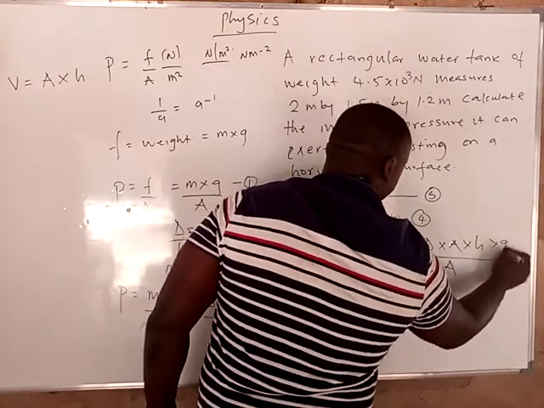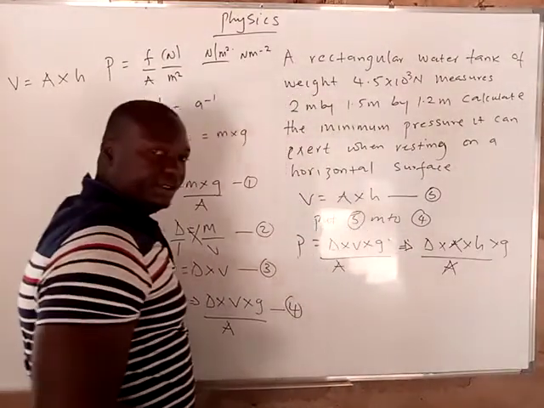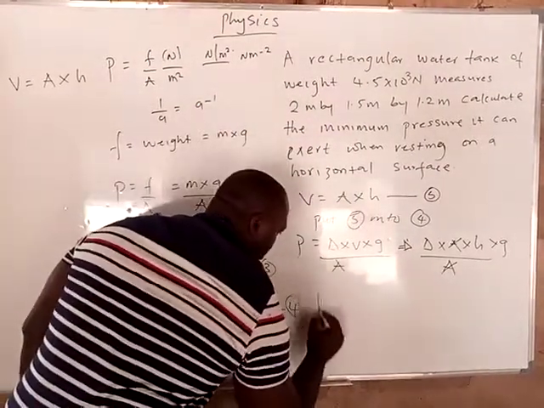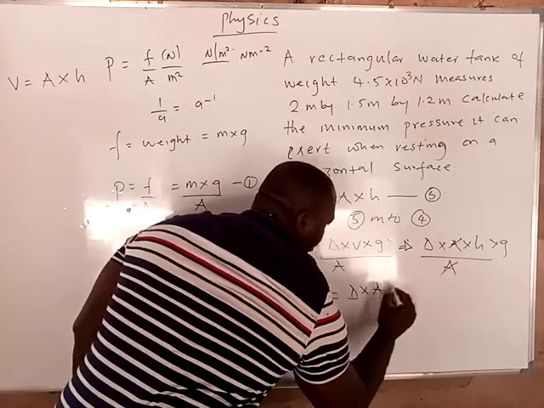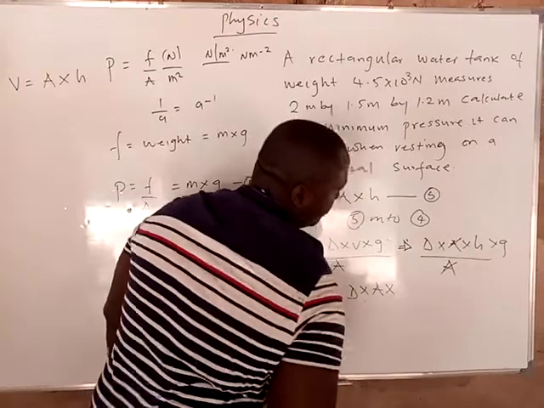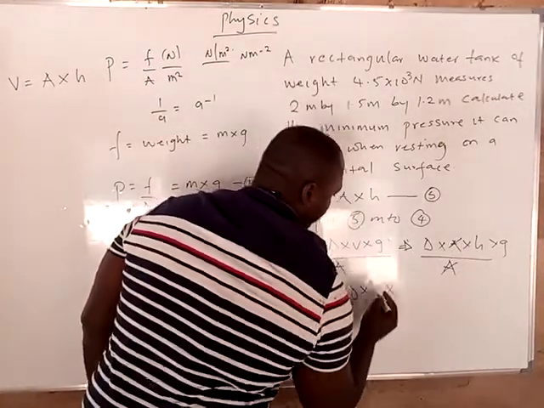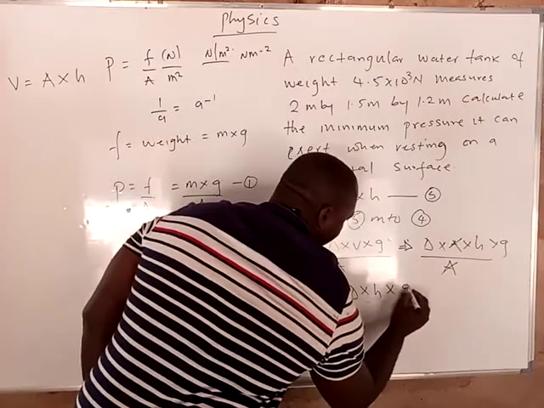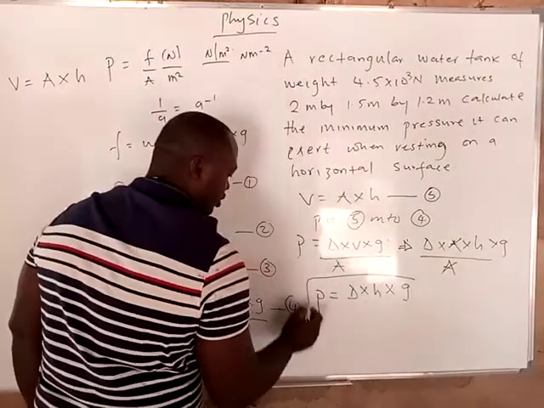Remember, I have acceleration due to gravity here. So basically, this area will cancel this area. Therefore, because area has cancelled area, pressure is equal to density times height times acceleration due to gravity. This formula is very important.